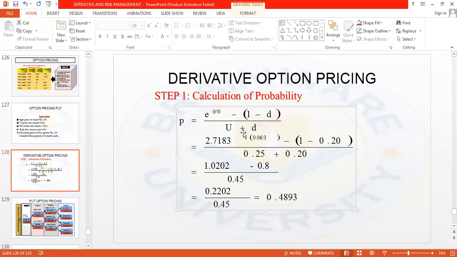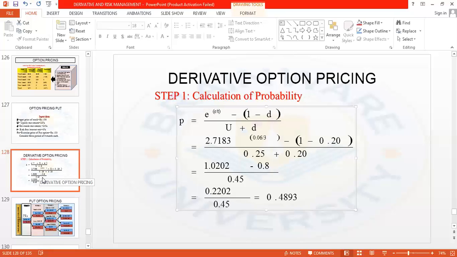So effectively it is plus 20% or 0.20. These calculations are shown here and ultimately the probability becomes 0.4893. So the probability of upside movement is 0.4893. Deducted from 1, you will get the probability of downside movement. So this is the calculation of the probability.